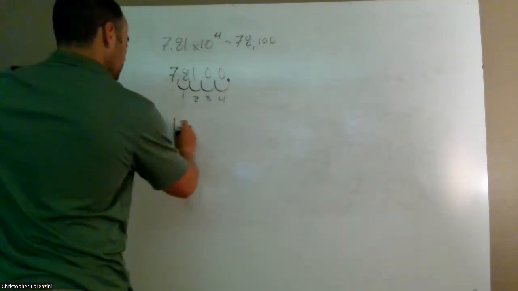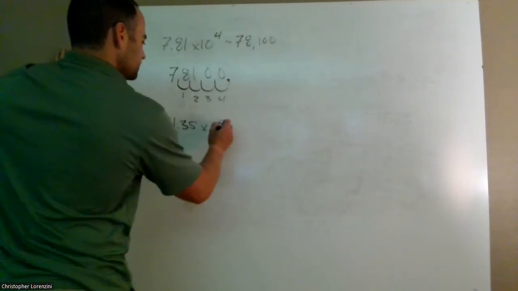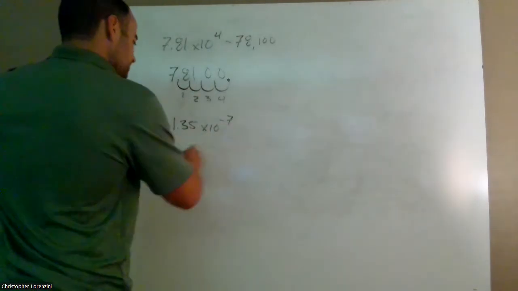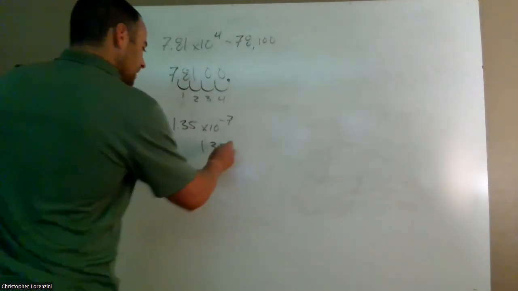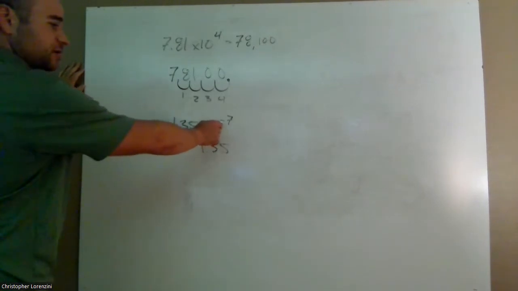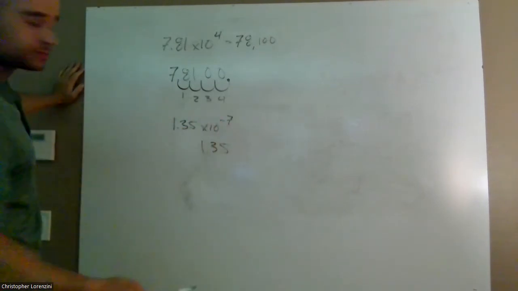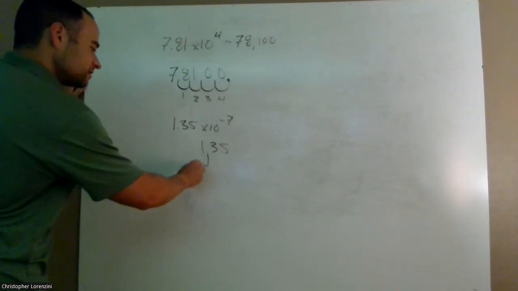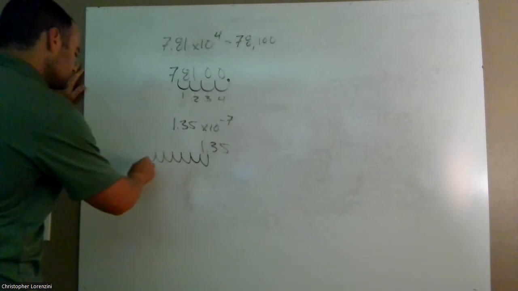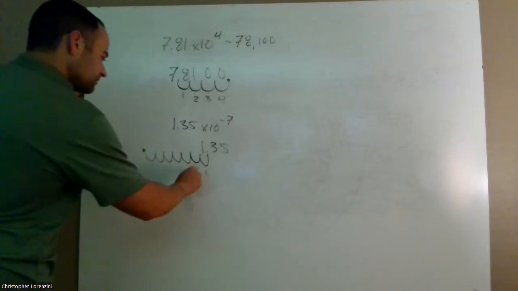So let's take a look at 1.35 times 10 to the minus 7. When we're taking a look at this, here's what we're going to do. Same process. I'm going to take my A value, 1.35, and I'm going to move that decimal to where it should be. Since my exponent's negative, that means this number is going to be smaller than 1. I'm going to take it, and I'm going to move it 7 units to the left.